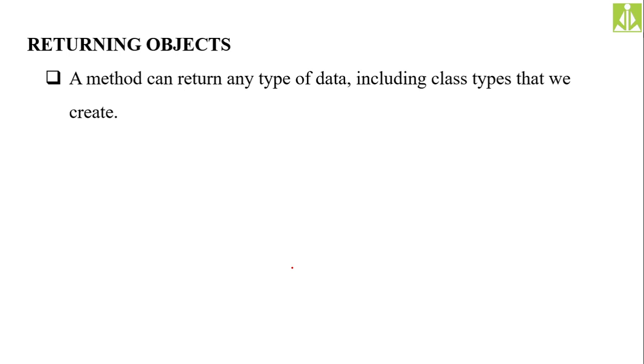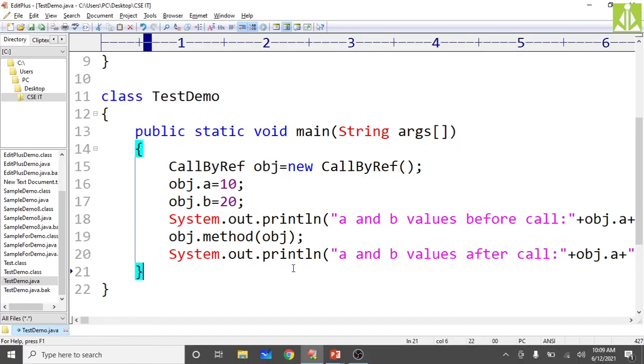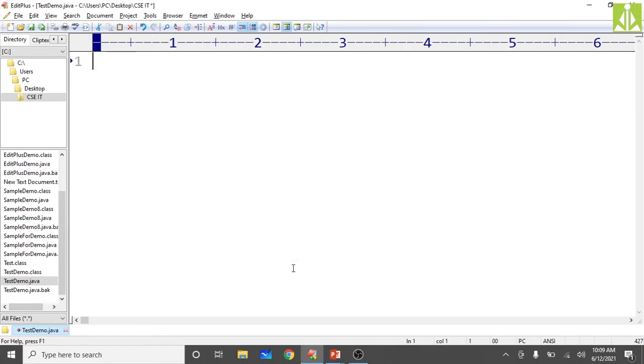A method can also return any type of data, including the class type of data that we create inside the Java program. So quickly I will demonstrate, because there is nothing to explain about it, only with the help of demonstration we can show it. So quickly delete this program and start writing the new program.